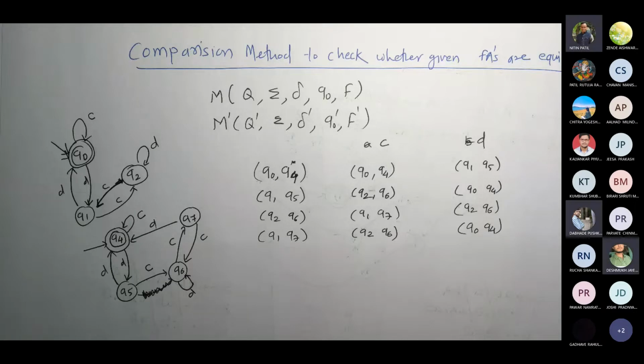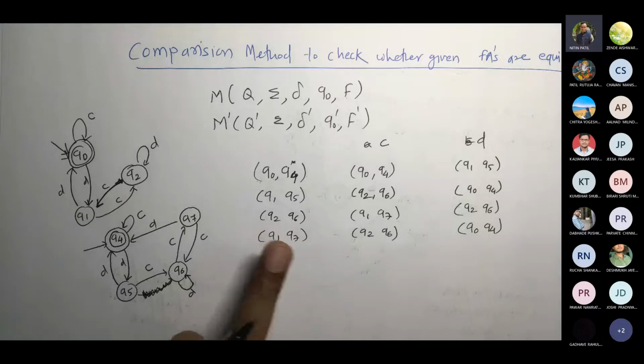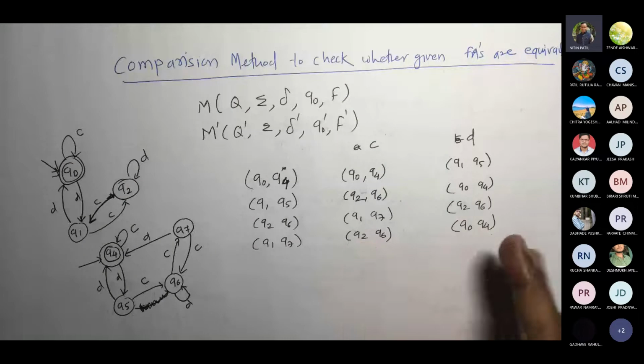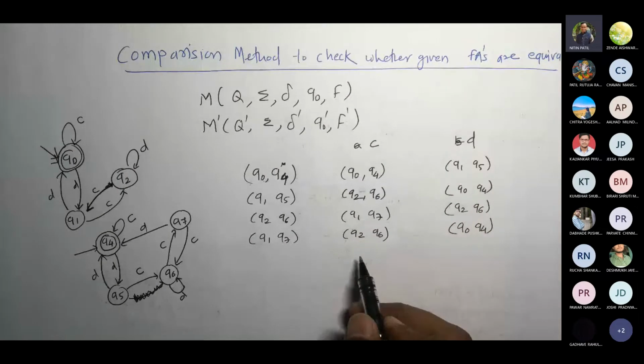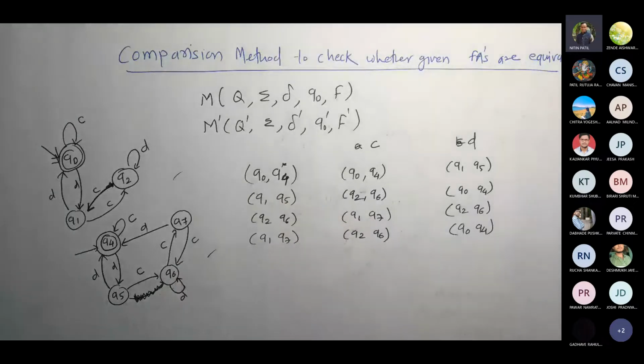No. We already took it, right? Yes, sir. Q0, Q4 is also there. So when there is no new entry and we got all pairs such that either both of them are final or both of them are non-final, then we say that both of these are equivalent. Am I right? Are you with me?